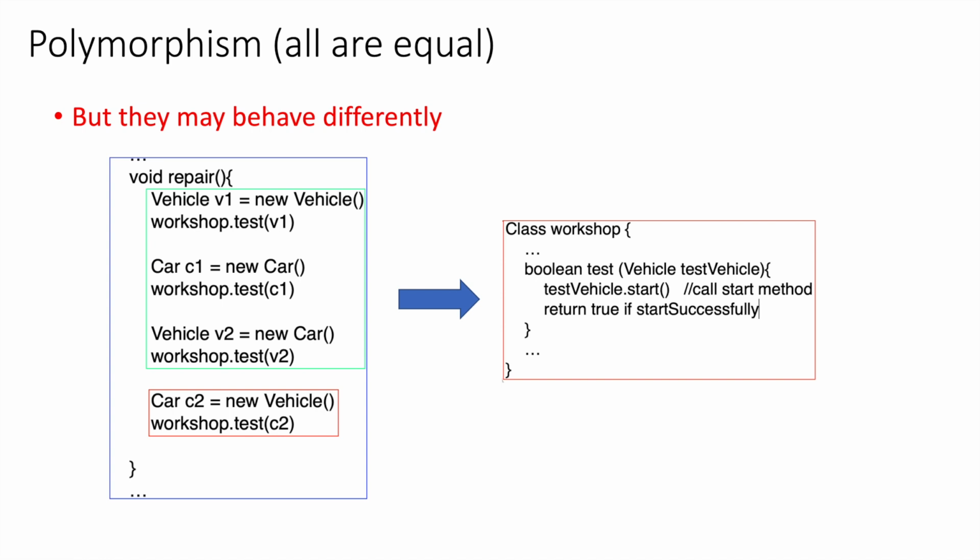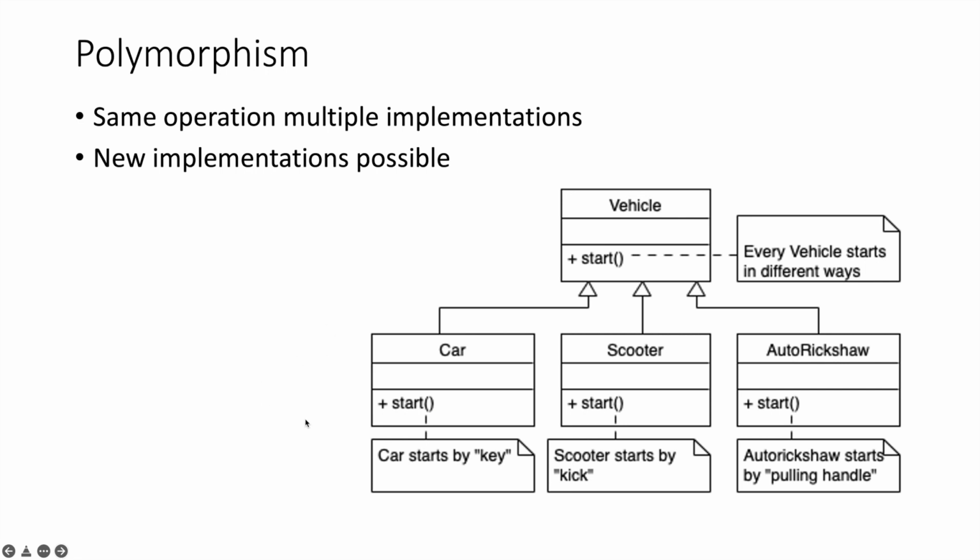object-oriented programming. Typically all are equal, meaning all the classes, say car, truck and scooter, are treated equally by this method. But there are certain things in which they behave differently. All these classes look equal, but when you call a start method, they behave differently based on their concrete dynamic overriding implementations, right?